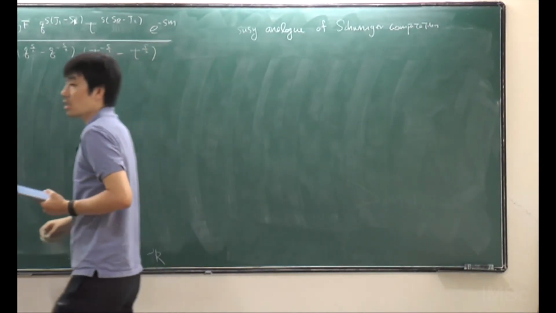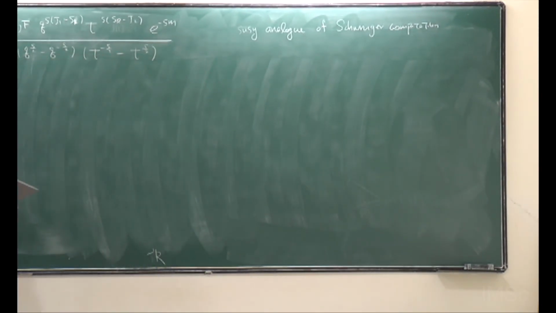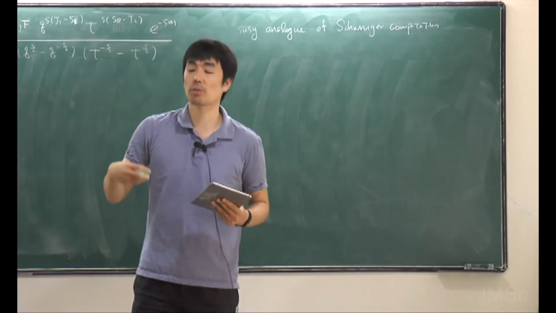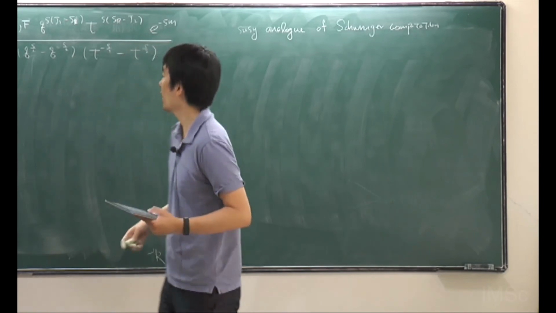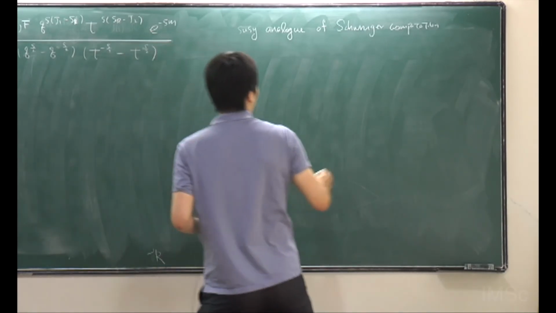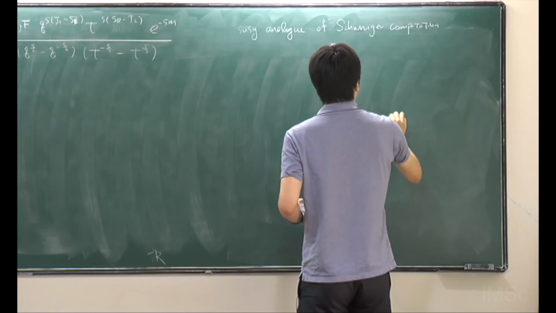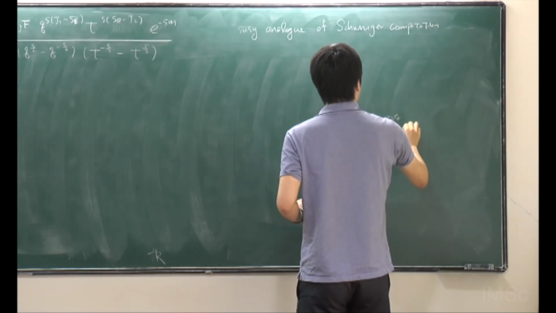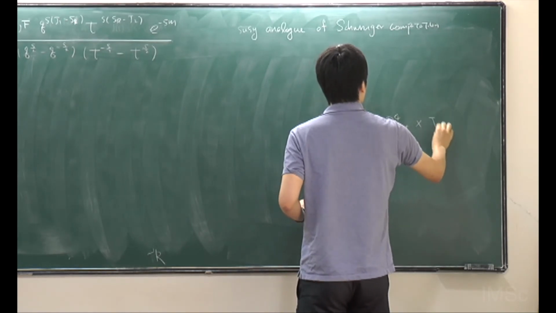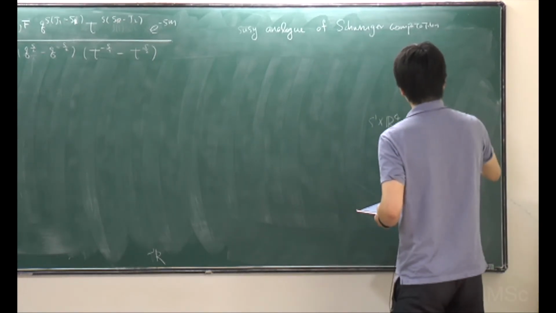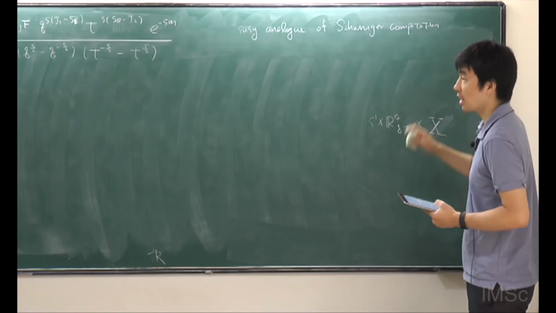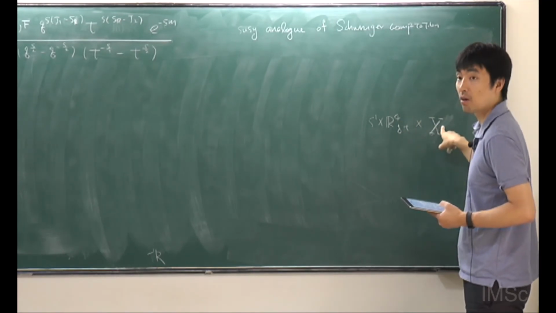So the original Schwinger computation is to compute the one loop determinant of the charged particle in the presence of a magnetic field. In this case, if you look at S1 cross R4 epsilon 1, epsilon 2 and the Calabi-Yau 3, the BPS states always come from M2 branes wrapped on a 2 cycle.